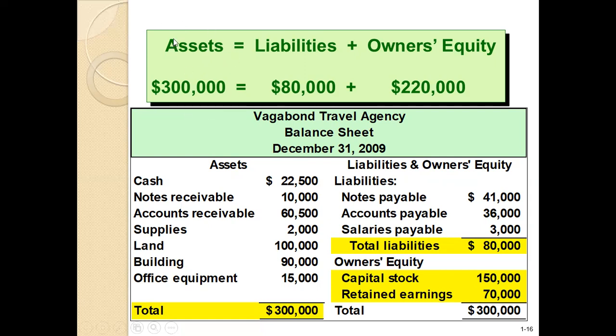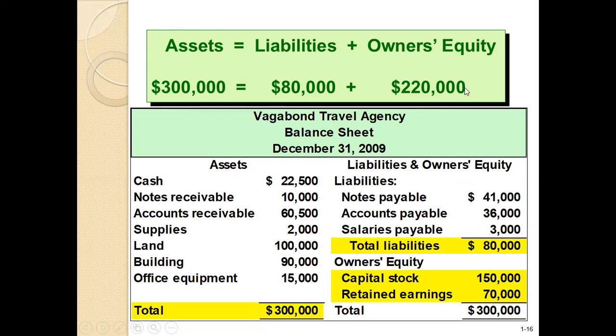So these assets require money. The first thing that I'm going to attempt is to use my own savings to purchase those assets. The amount of money that is coming from the owners, that is your owner's equity. So let's say I invested 220,000 from my own money.